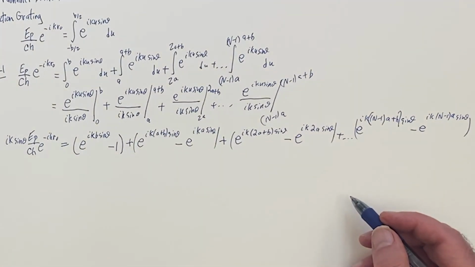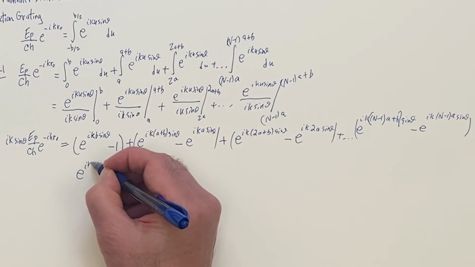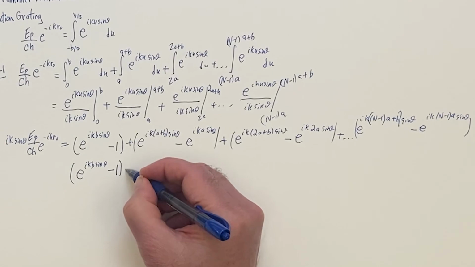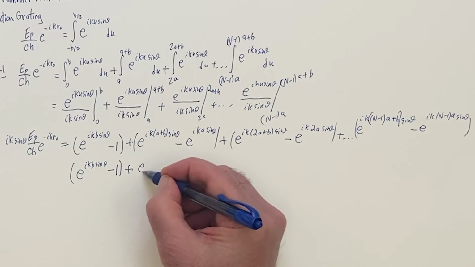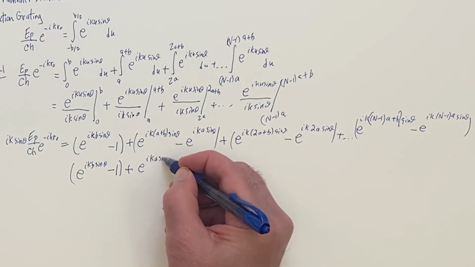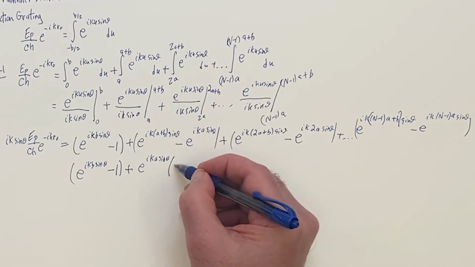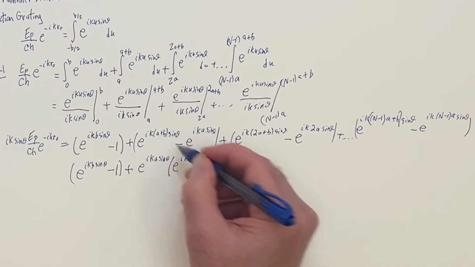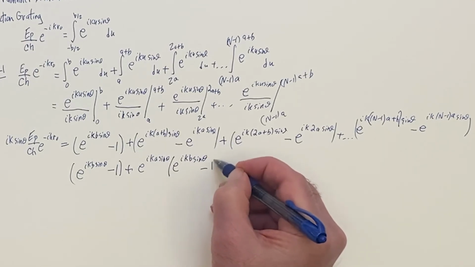And now we're going to do a trick. What we're going to do next is some factoring. We're going to leave this first one alone. But here, I'm going to pull out the second term, so this is e to the ika sine theta. If I pull out that second term, then this first one is going to have e to the ikb sine theta, because I pulled out the a one, and then minus 1.